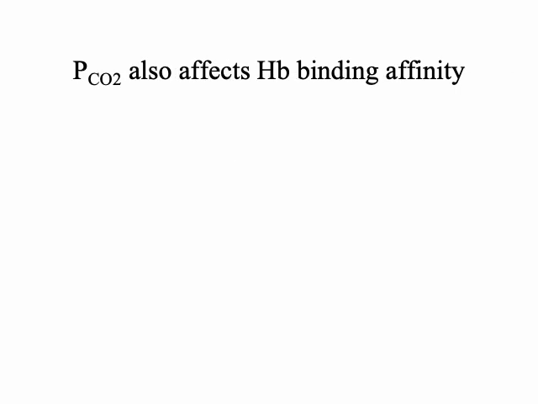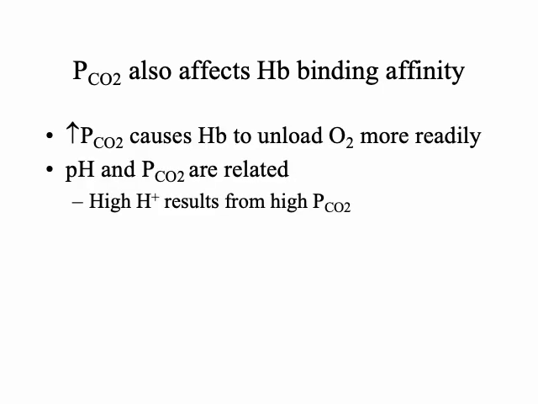CO2 can also be a player here. And the reason why is that CO2 and acid are related. And this is a big process for us to unlock in the next couple of weeks. But trust me, where there's high levels of CO2, it basically develops from CO2 and then turns into acid.